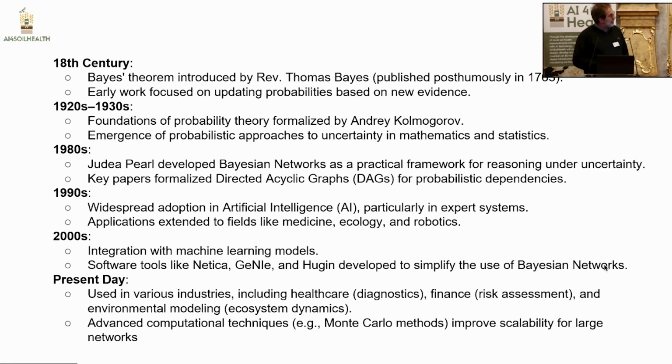Just a short history: the Bayes theorem, which formed the foundation of Bayesian networks, was introduced back in the 18th century. Despite its early discovery, the Bayesian methods were underutilized.